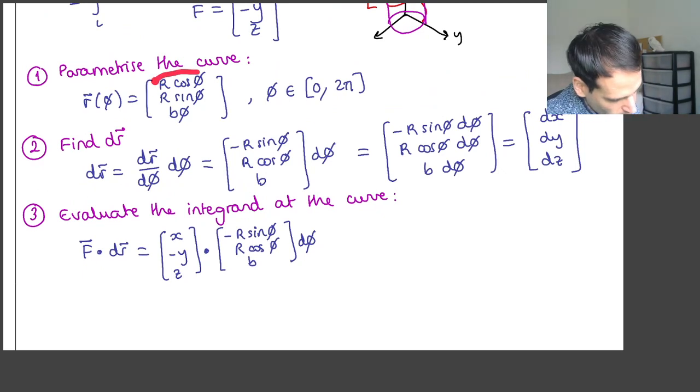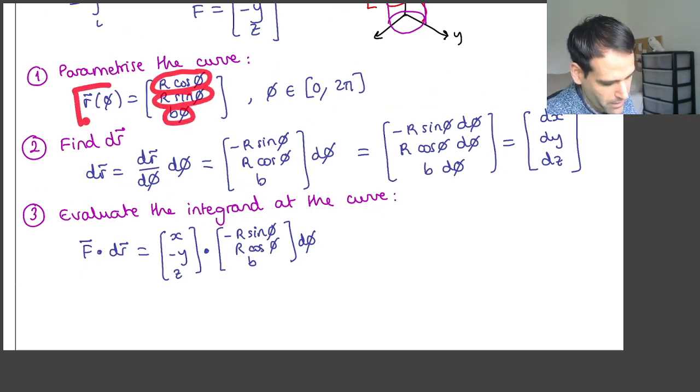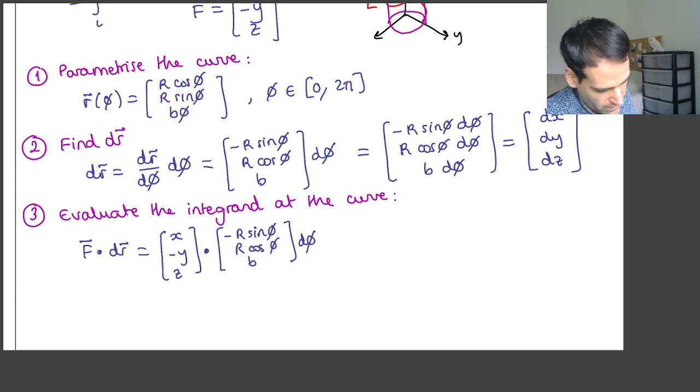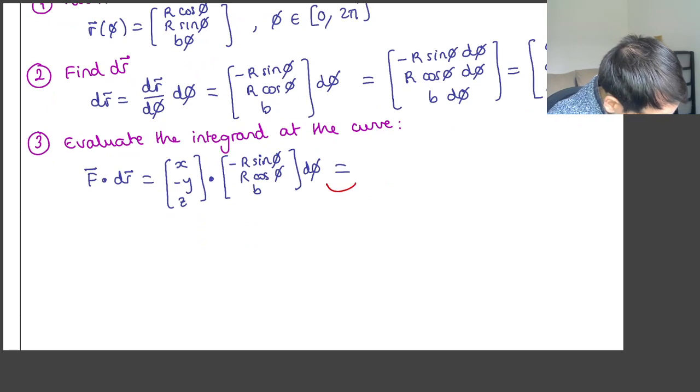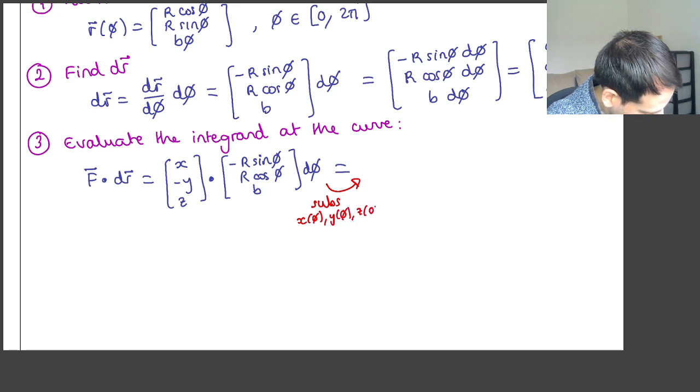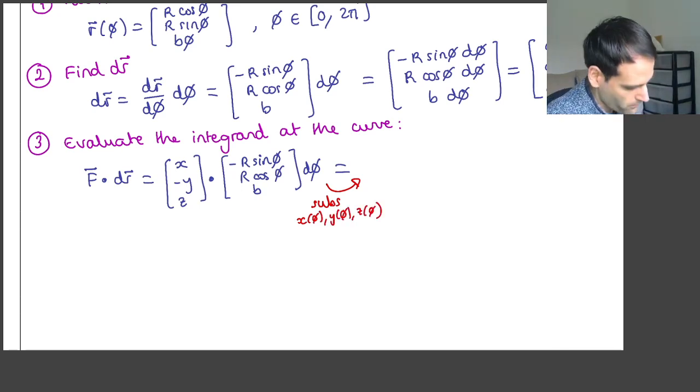So we need to substitute x equals this, y equals this, and z equals this from the parameterization of the curve. Okay? So substitute x, y, and z as a function of phi from the curve.